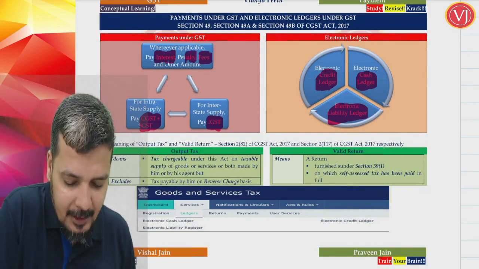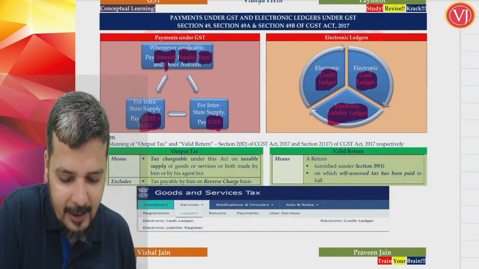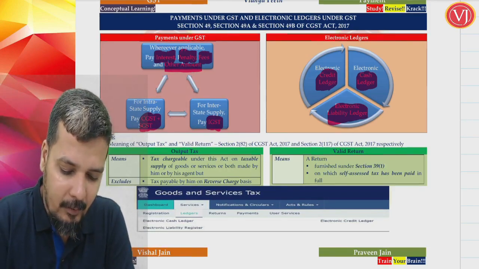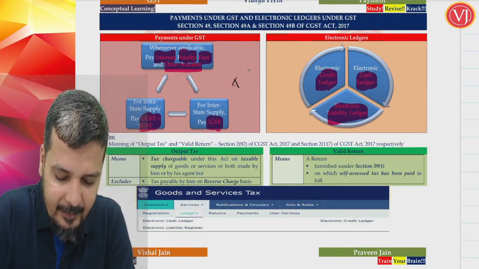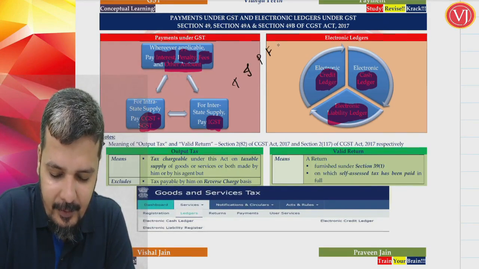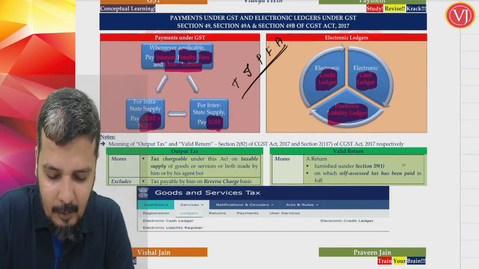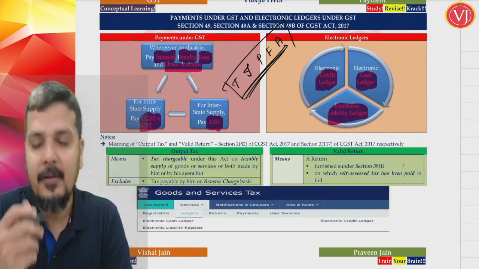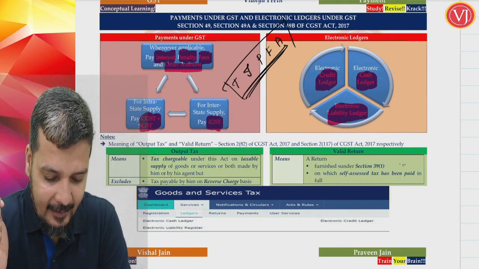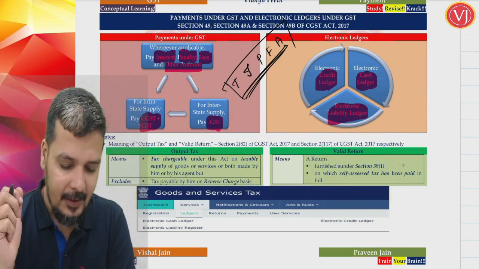If there are any penal proceedings, there will be penalty or any other amount. So basically when you are talking about your payments, what are your payments? Tax, interest, penalty, fees and any other amount. So that you need to understand.